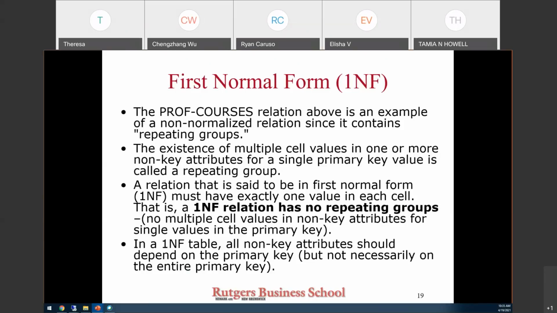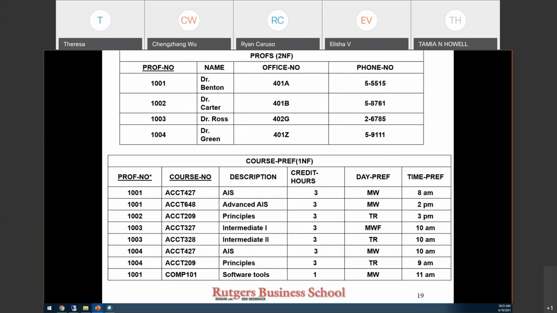So here's the solution. We can decompose one table into two tables, into professor table and course preference table.